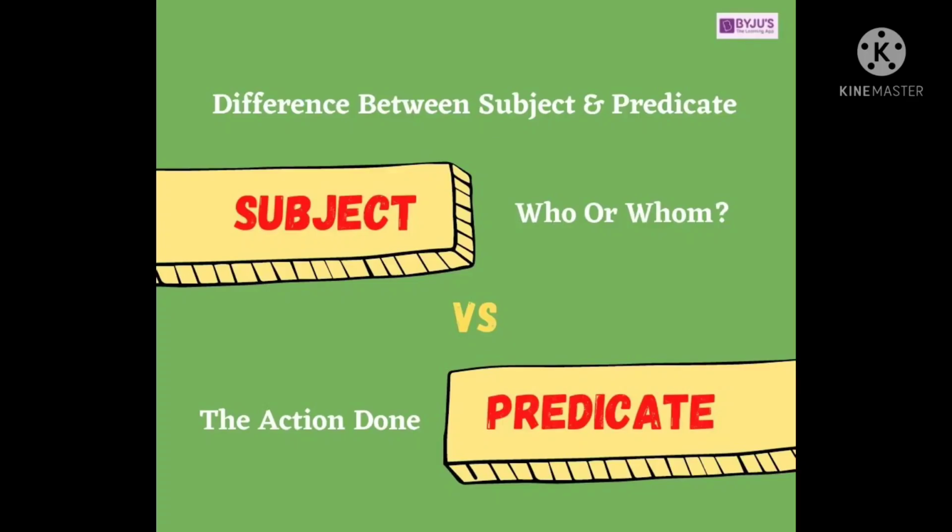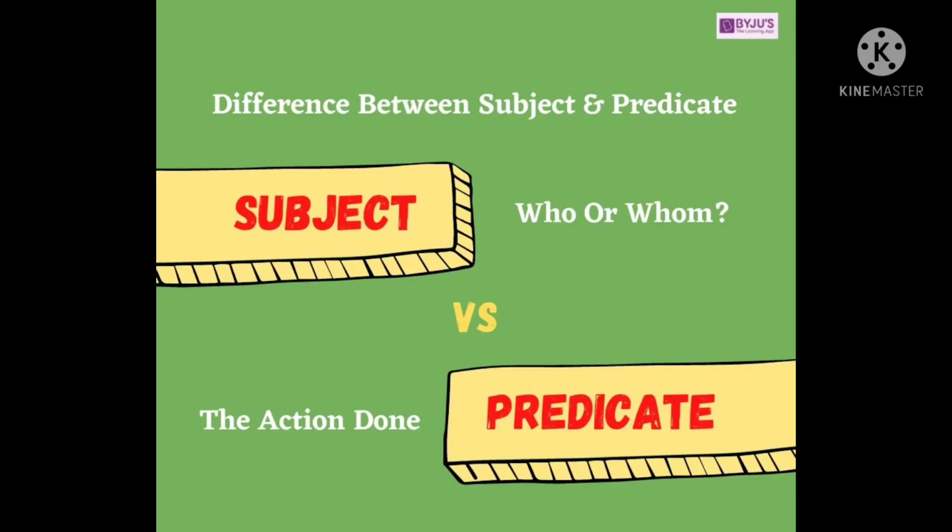Now let's learn the difference between subject and predicate. The subject of the sentence is what the sentence is about. Sentence: the cat is sleeping in the sun. The word cat is the subject. Predicate is the part of a sentence or a clause that tells what the subject is doing or what the subject is.